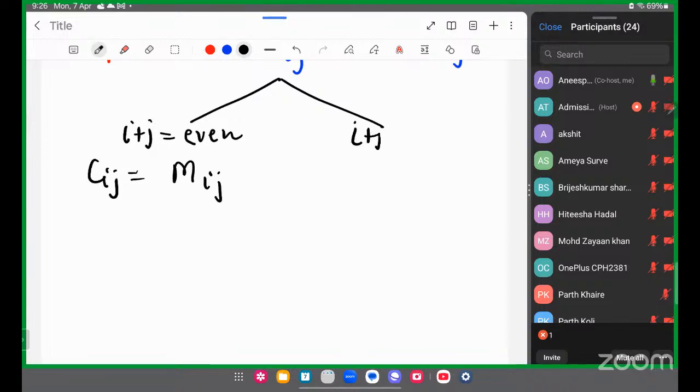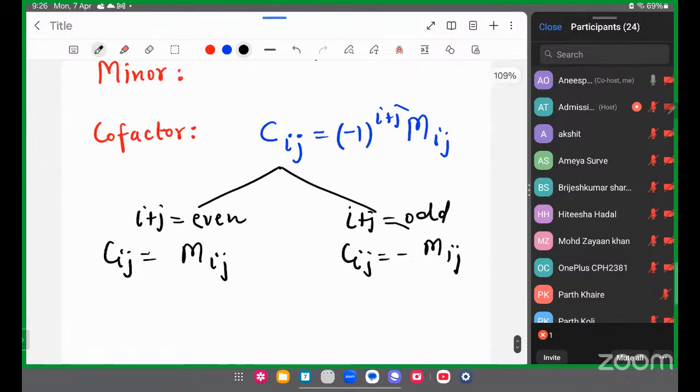And if i plus j is odd, cofactor will be with minus sign of minor. Which means if i plus j is even, minor is the cofactor. You have to do nothing, just find out minor. And if it is odd, then you have to change the sign of minor.